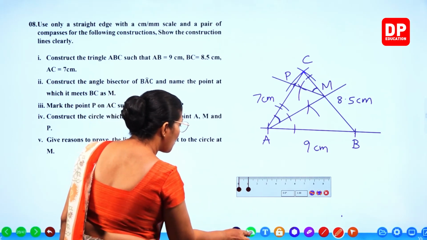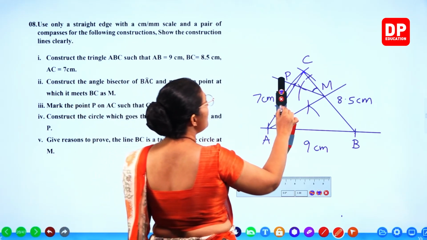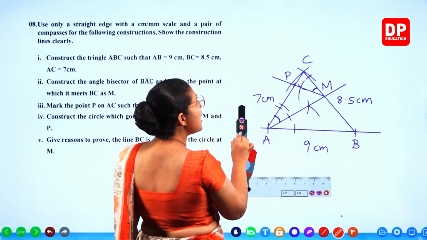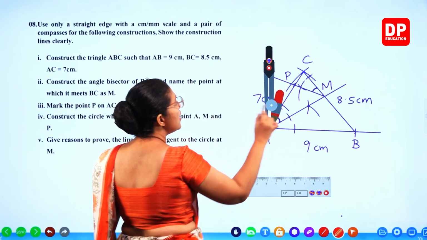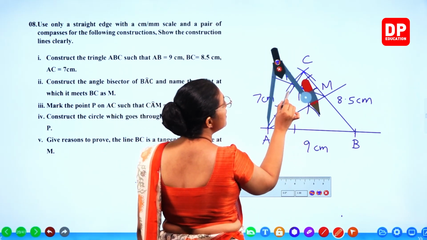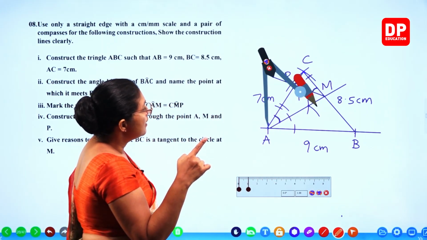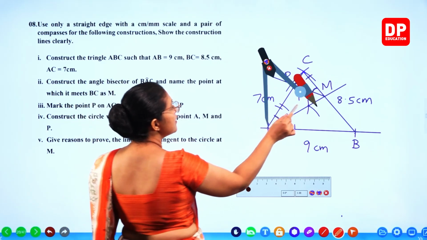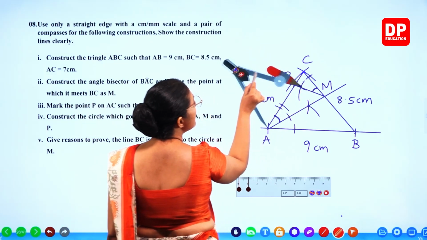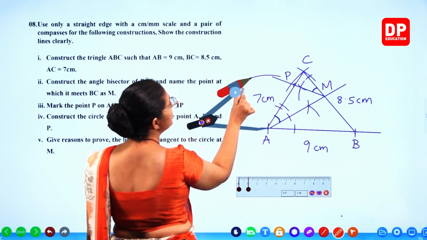So let's take the compass and we'll first construct the AM perpendicular bisector. Take any length, but the length should be more than half of the length. So somewhere here. Let's draw the perpendicular bisector. I took a different color.